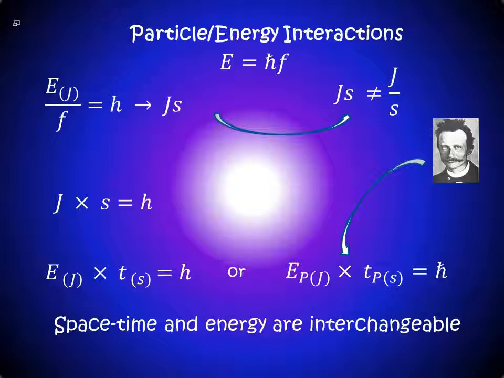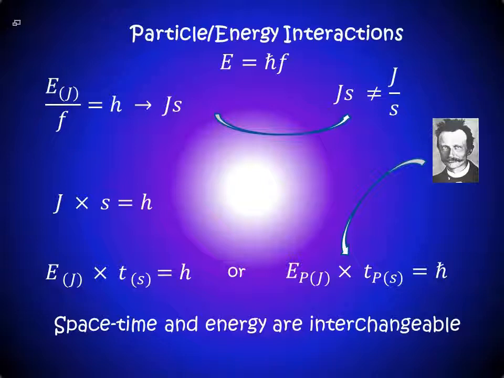Further, I want to point out that the units for the Planck constant is joule seconds, and that's not joules divided by seconds. That's joule times seconds. Okay, so that we have energy in joule times seconds will give you the Planck constant, and in particular, that's the Planck energy times the Planck time will give you the reduced Planck constant.